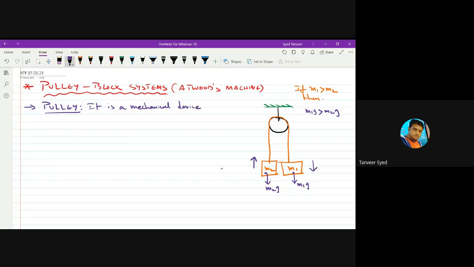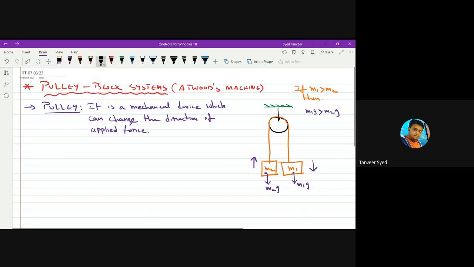Pulley is a mechanical device which can change the direction of applied force. What does this mean? How can a pulley change the direction of applied force?